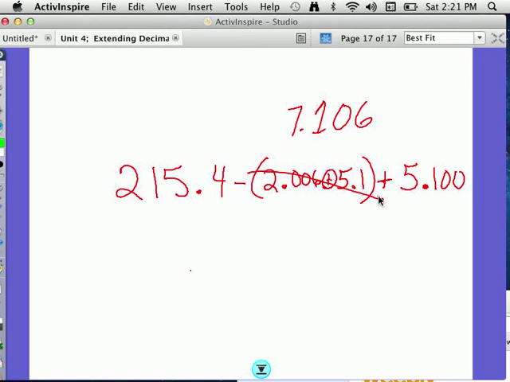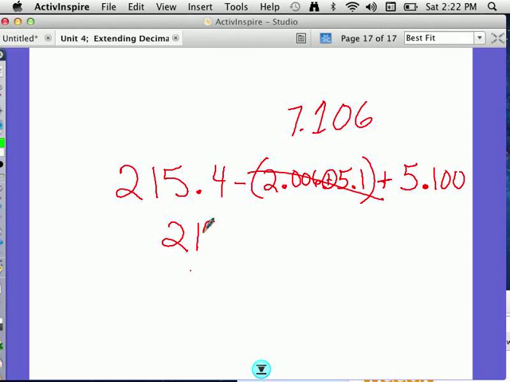Now, according to my order of operations, I can work this from left to right because I only have addition and subtraction within it. So starting to my far left, I have 215 and 4/10 minus 7 and 106/1000. Let me rewrite this so we all can see where our values should be placed.